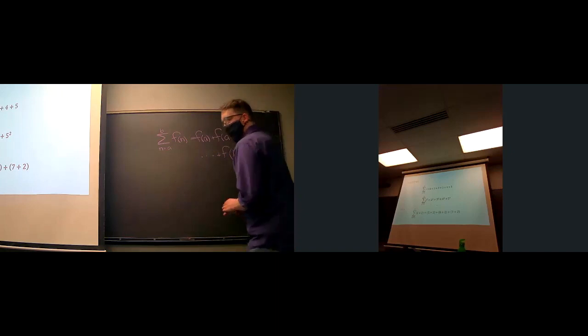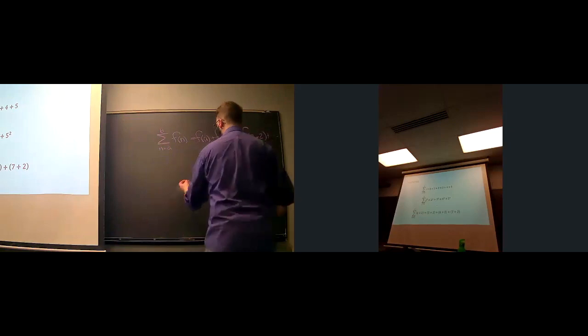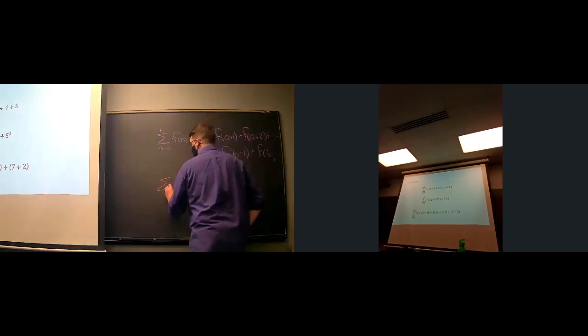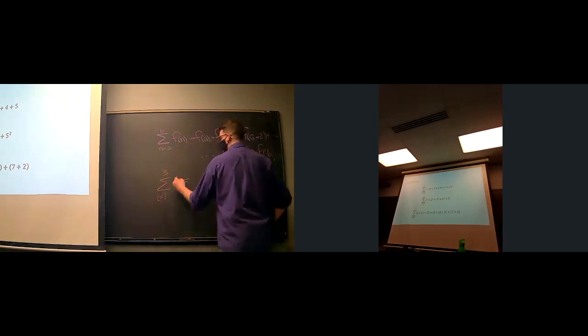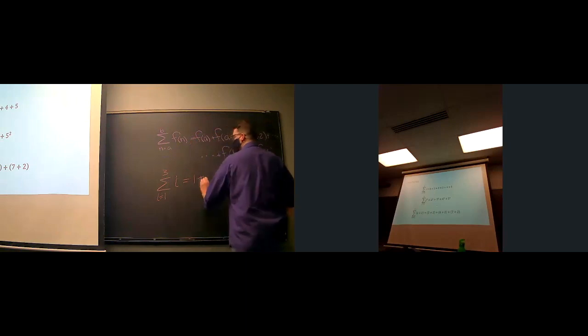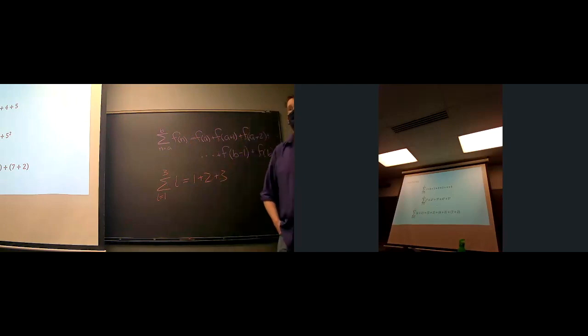So as an example of what we're saying here, let's get a couple basic ones. Let's say we have the sum from i equal to 1 to 3 of i. All we're going to do here is say, plug in 1 for i, plus the next value will be 2, plus 3. And that's it. That's what this notation tells us to do.